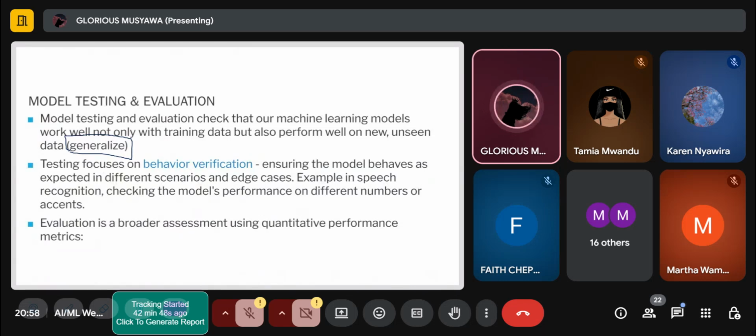So we have different testing scenarios, especially when you're doing a real life project, because you can't just deploy a model without testing it robustly, because you're going to get a lot of back and forth. So you do a lot of testing, you check every angle. If I'm deploying even something like ChatGPT, we have to test in all angles.